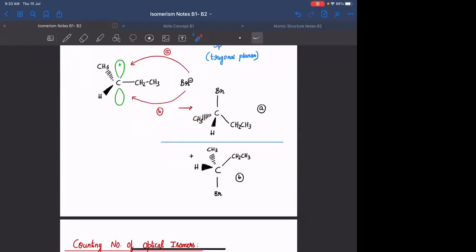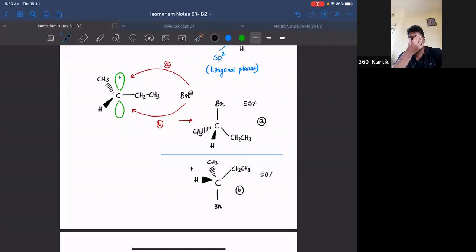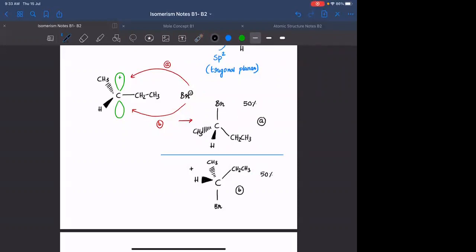Okay. There is equal probability of attack from the top as well as from the bottom. So can I say this will be 50% and this will be 50%? Agreed? Because the probability of attack from the top and the probability of attack from the bottom are the same.